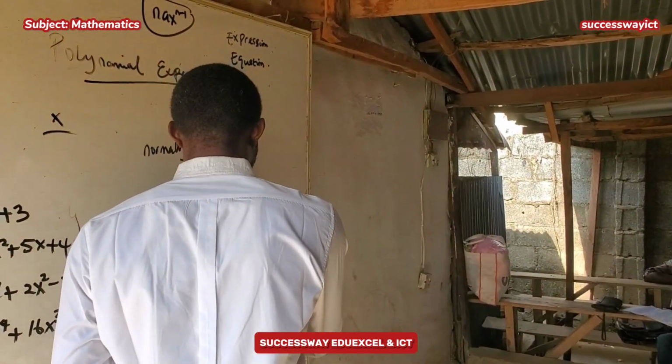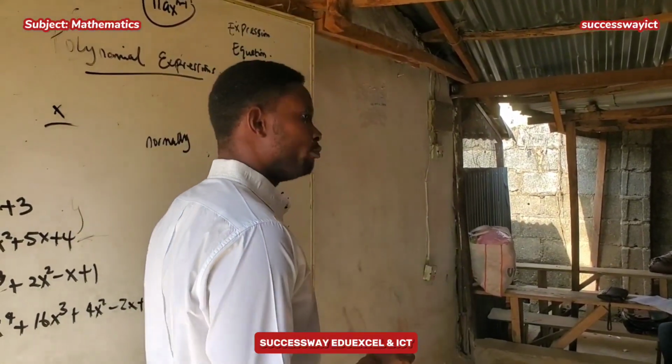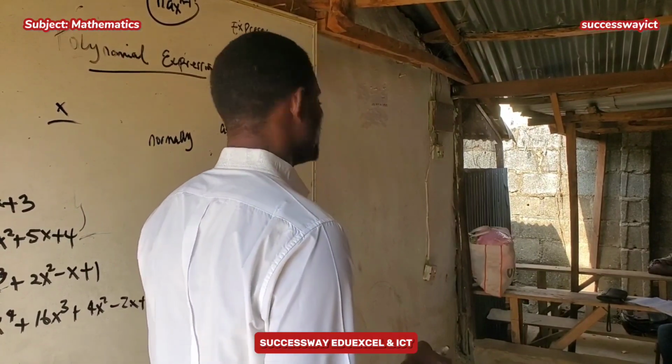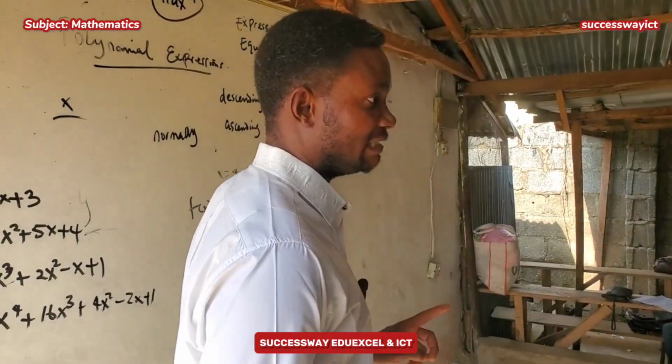Now, please look up. 2 times 5 is what? 2 times 5 is 10.